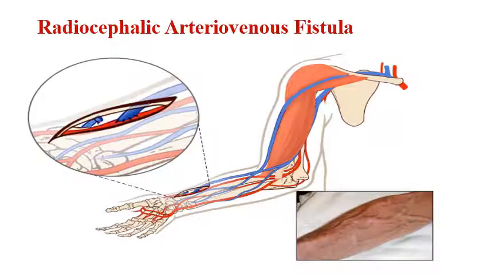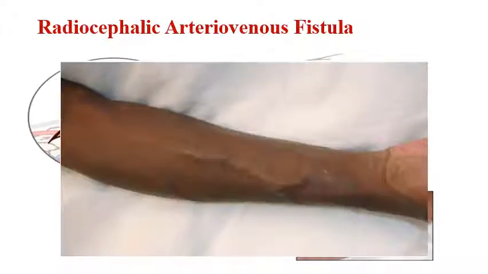So the first one, the radiocephalic, is a connection between the radial artery and the cephalic vein. You can find the scar at the distal part of the forearm, like this one, the arrow shows, and the vein like this.